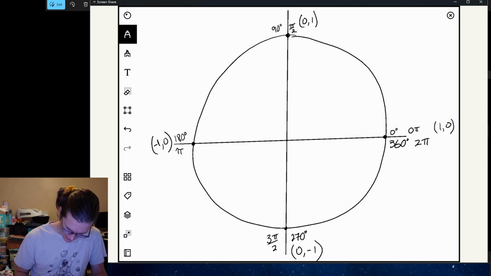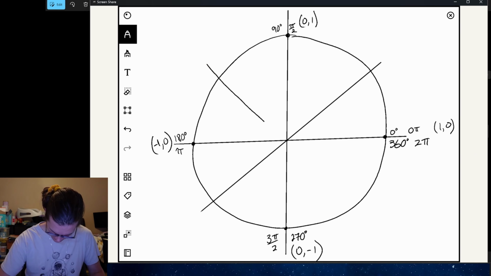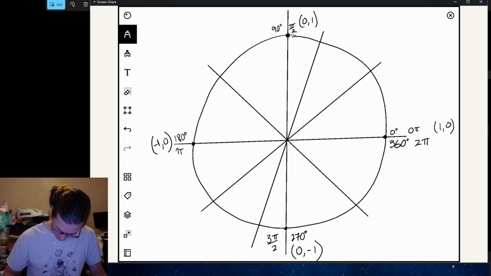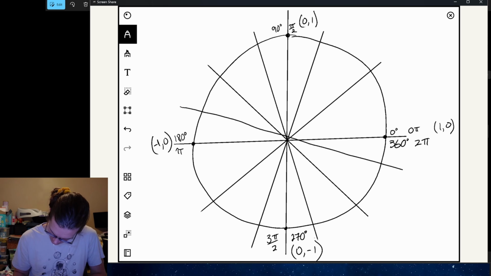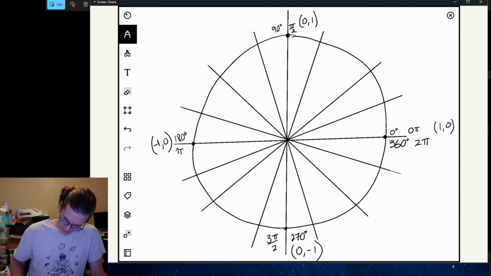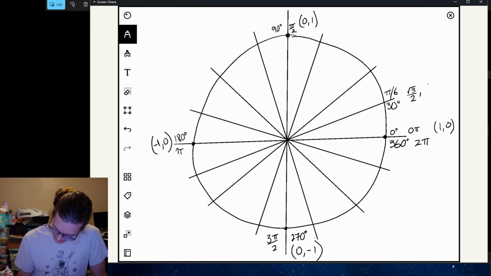So then, if you have this angle on either side, well, then what you have is this 30-degree mark, which is pi over 6, which is root 3 over 2, 1/2.